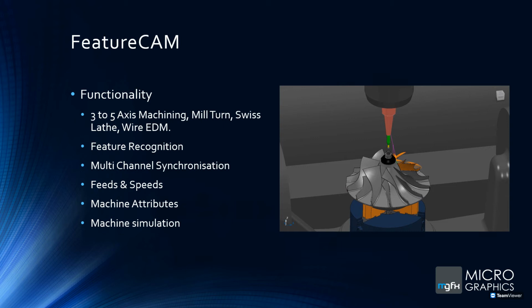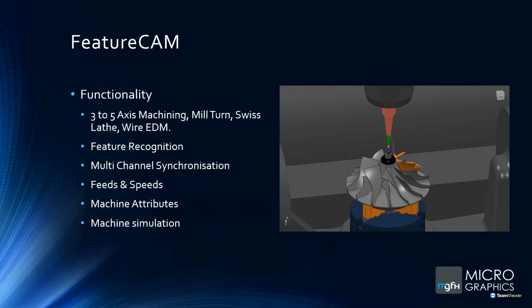So FeatureCAM has your traditional milling options up to 5-axis simultaneous, but it also accommodates mill turn, Swiss lathe, and wire EDM. And although I make that statement that 3 to 5-axis machining comes with a lot more control and options and automation than you would have versus the previously covered packages like Fusion and Inventor CAM.